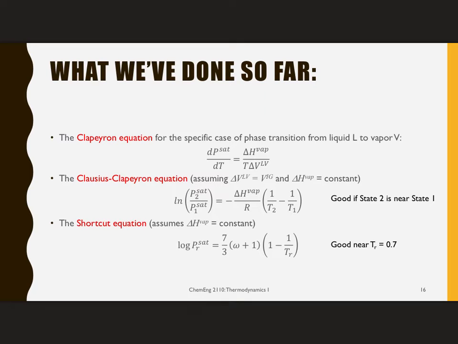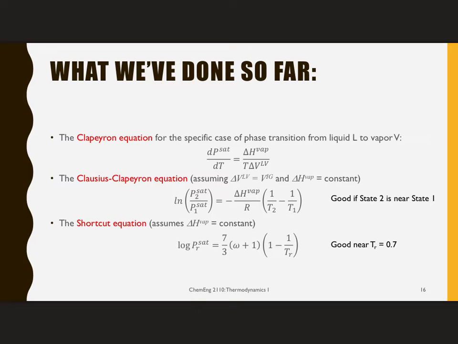The Clausius-Clapeyron equation is an approximation that is good for modest temperature changes. It's better at the lower range of temperatures. As you approach the critical point, it's not going to be very good.